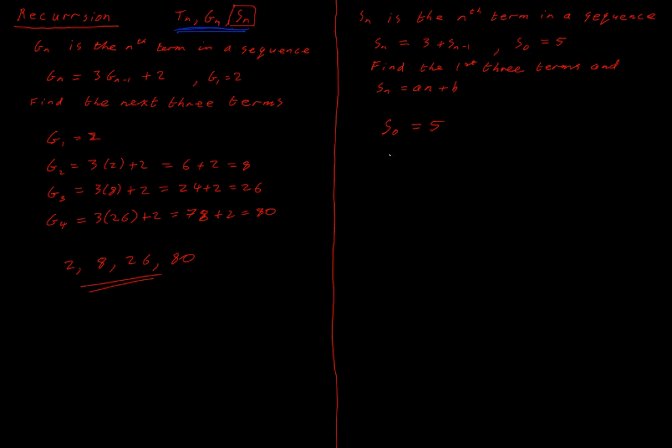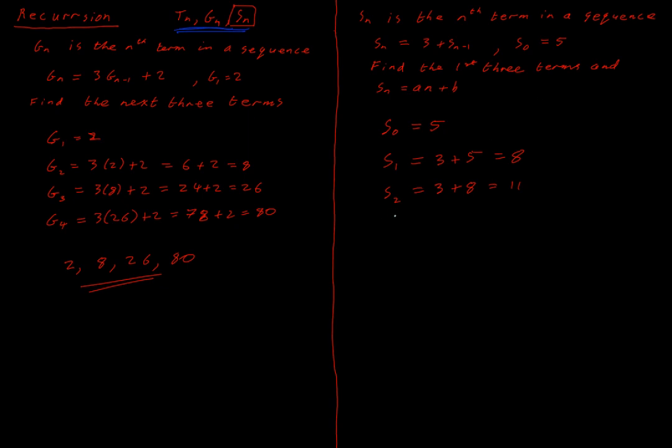Now we're going to find the first term in our pattern, the n is equal to 1 term. So that's going to be 3 plus the last term, which was 5, so it's going to be 8. What's our second term? It's going to be 3 plus our last term, 8, which is equal to 11.